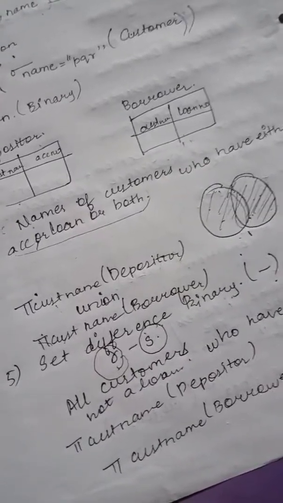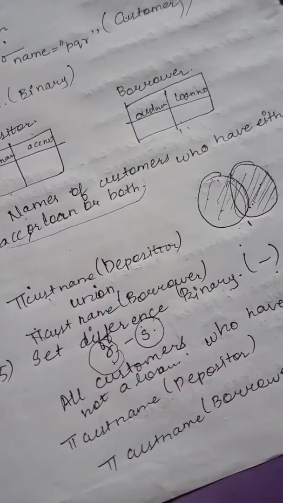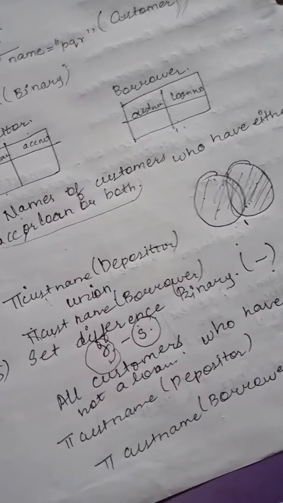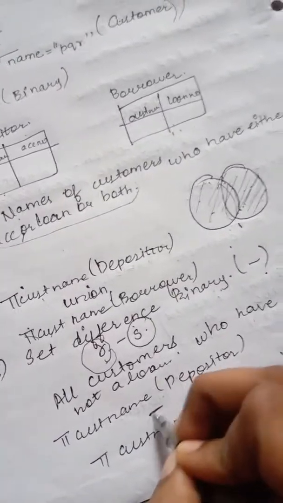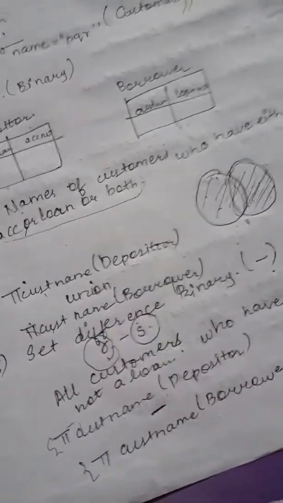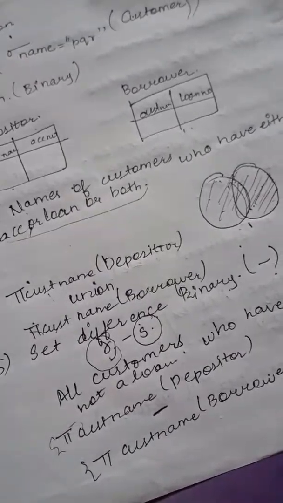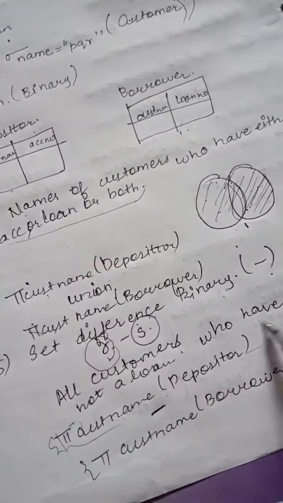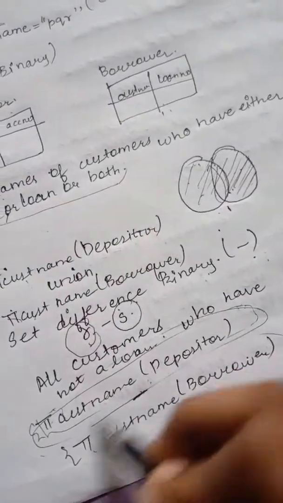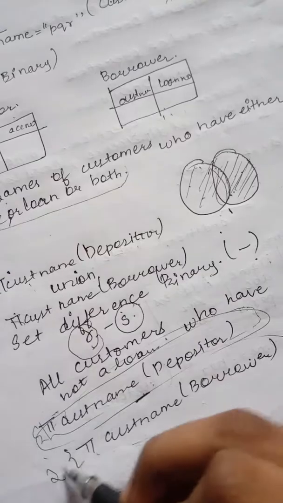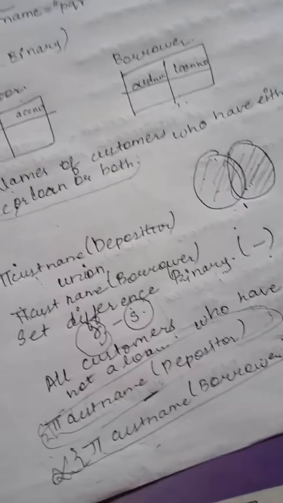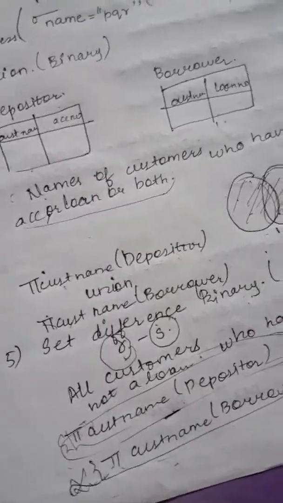Now I want to omit the customer names who have a loan. I don't want those in my query, right? So I will put just a minus sign in between these two operations. So I will get the customers who have an account. In the depositor table we have the customers who have an account, and here, those who have a loan. I've skipped this, I don't want this, so I will remove it. Okay, so this is the set difference operation.